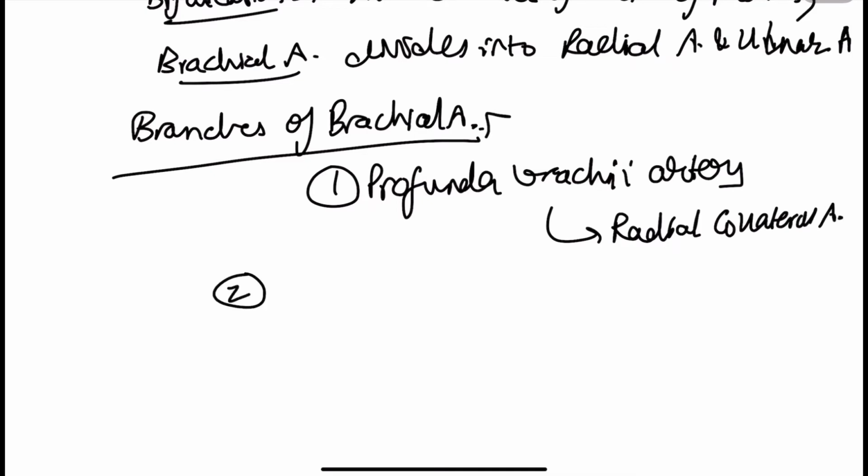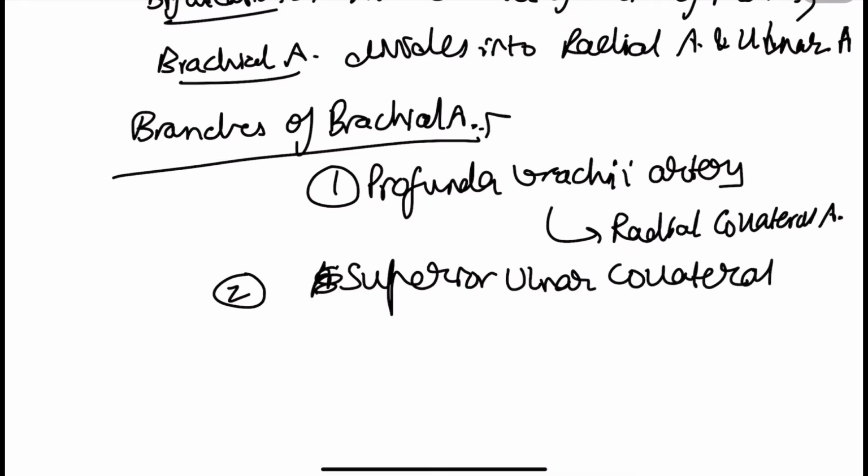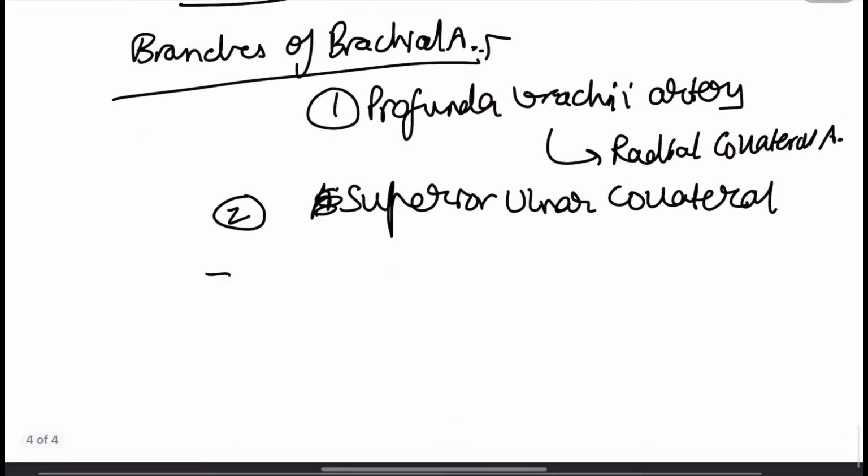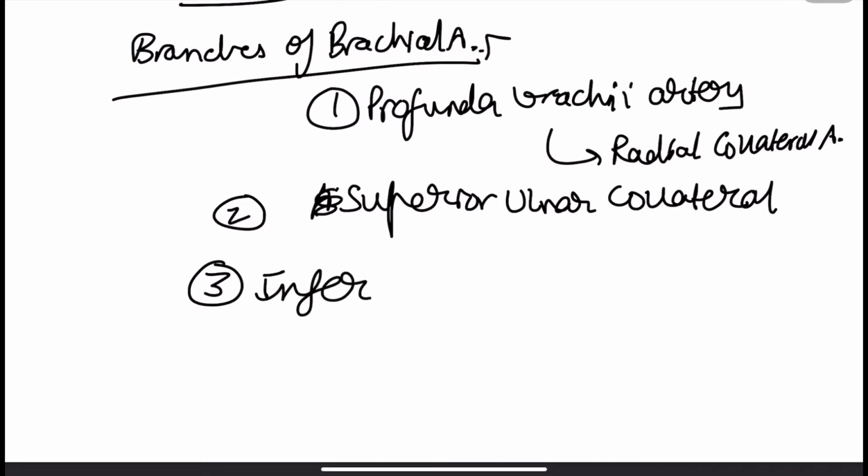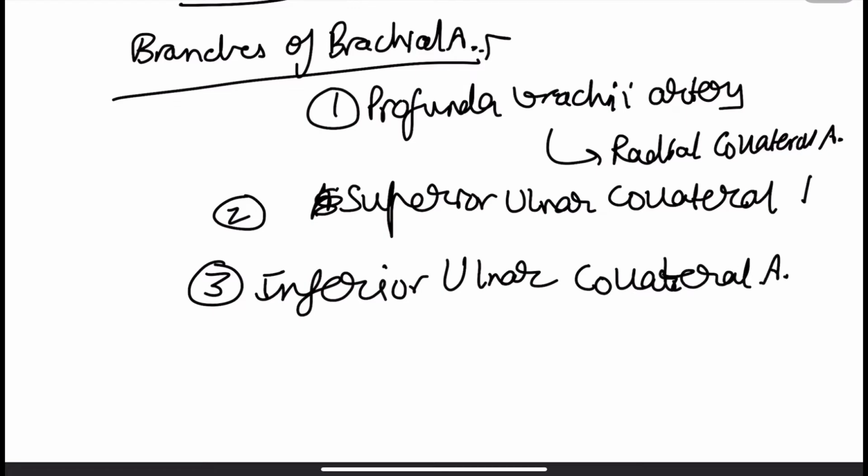Now the second branch is your superior ulnar collateral artery. Now you have to remember these branches because when I discuss the anastomosis around elbow joint, I will be using these terminologies and you will have to remember them. So the third one is inferior ulnar collateral artery.